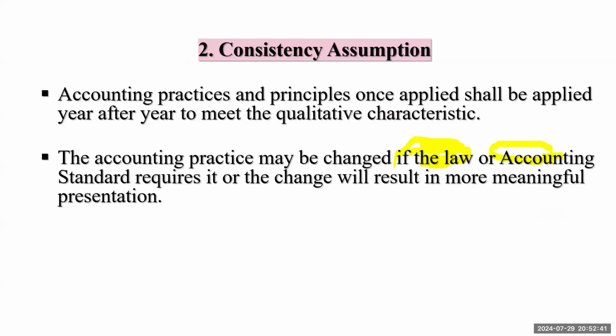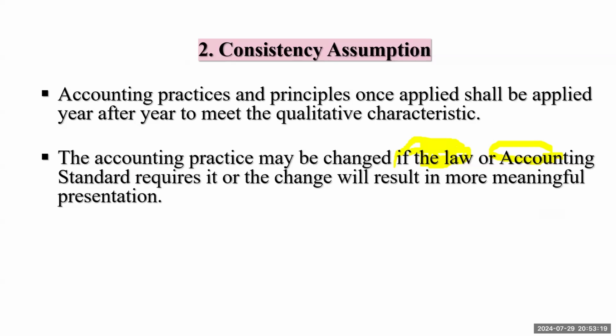In that case also you can change to correct the position. So there can be three areas where you may refuse to follow this assumption. One is if the law has changed, another is that the accounting standard has been issued, and the third one that it will result in more meaningful presentation of the financial statement.